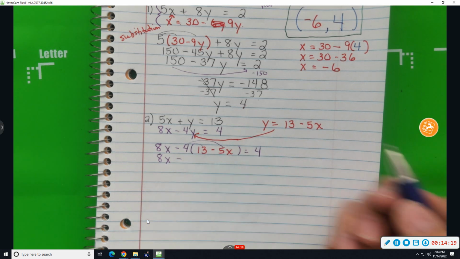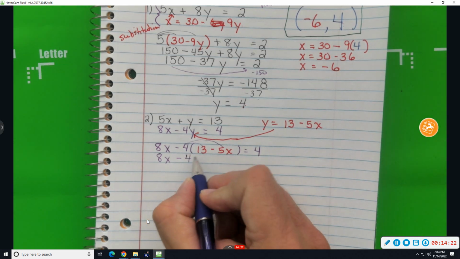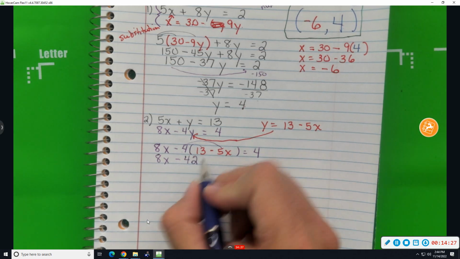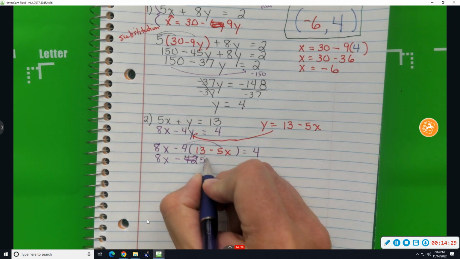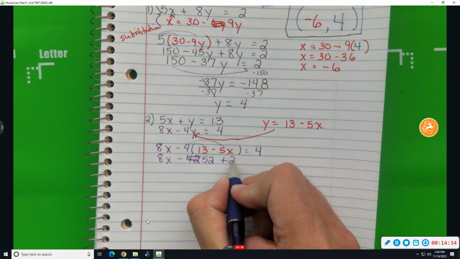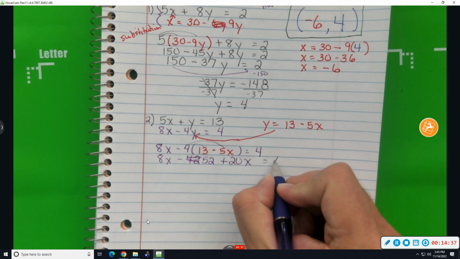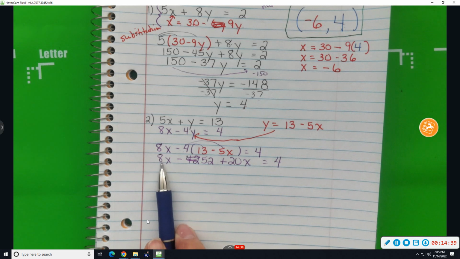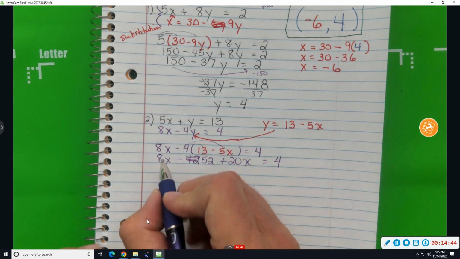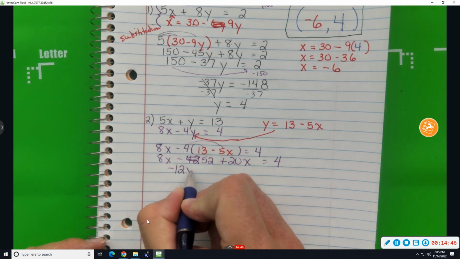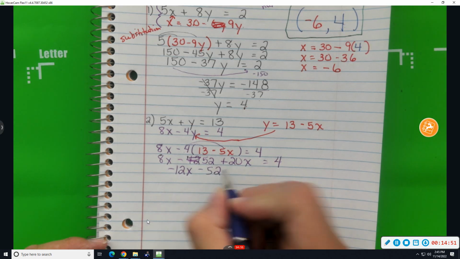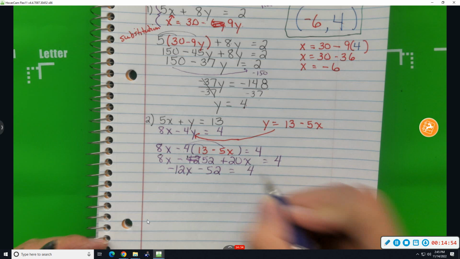Is that going to give a minus 42? 52. Oh yeah, 52. Where did I get 42? 52. And then what is that? A plus 20x. So let's see. 8x minus 20x would be a negative 12x. Then we have a minus 52 equals 4.